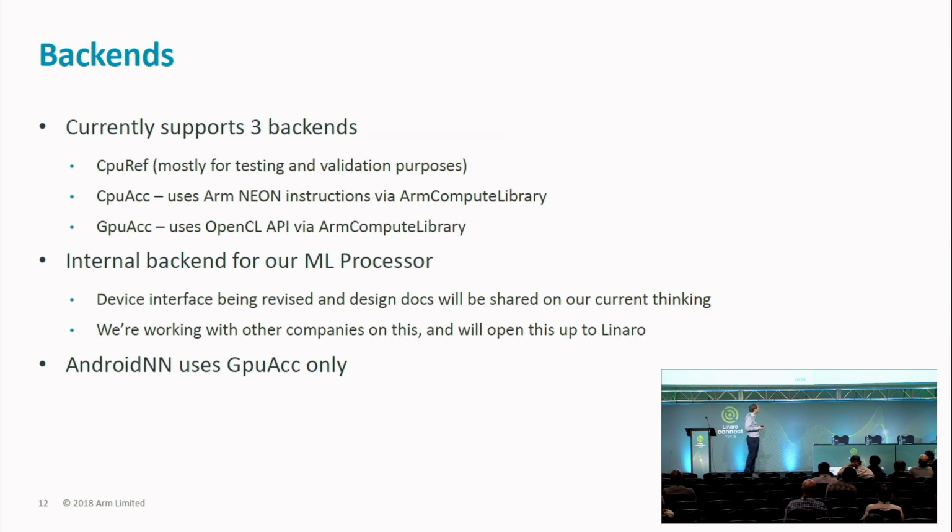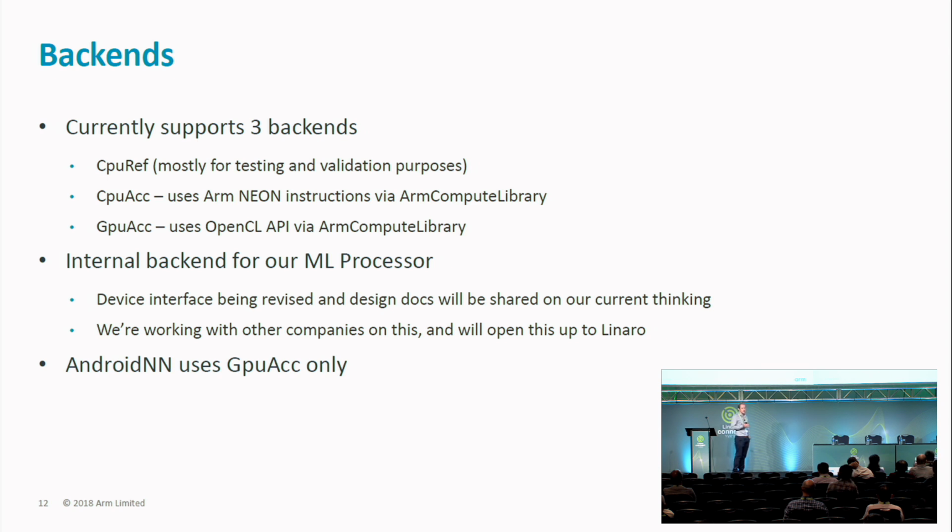And then in terms of how that's actually run in practice, so Arm NN at the moment currently supports 3 backends in the code that we've released. The first is the CPU reference implementation, primarily for testing. So if you're worried about bit exactness with any one of the ML frameworks, you can start to introduce operators with high accuracy there, and then test the other backends that are implemented as well.